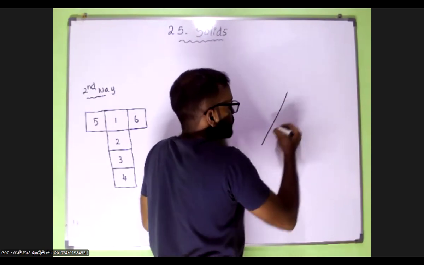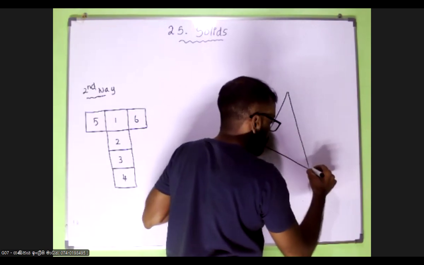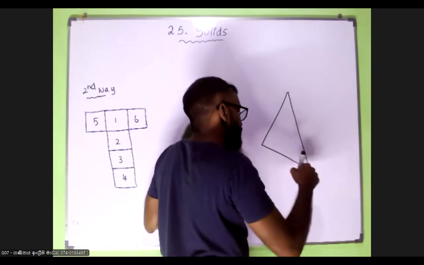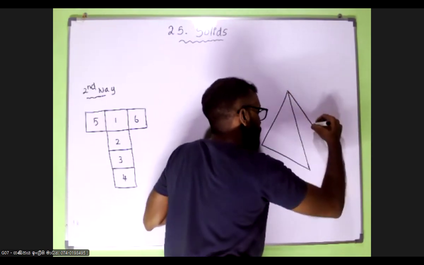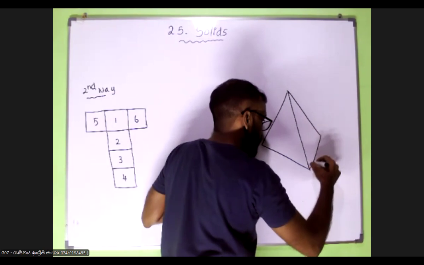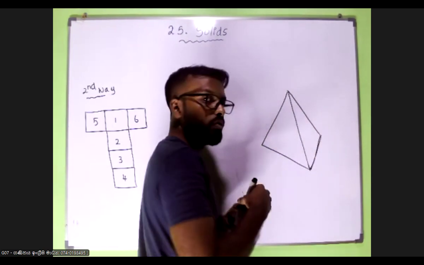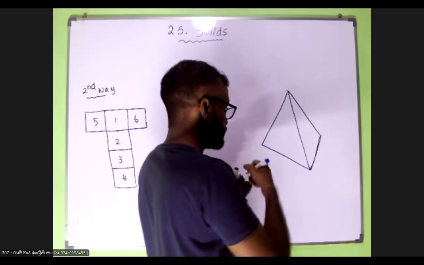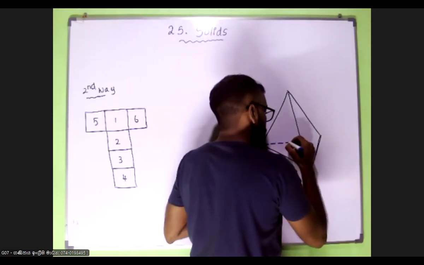If it is a regular tetrahedron, all the sides of the triangle are equal. That is an equilateral triangle. And we have a total of 4 faces.